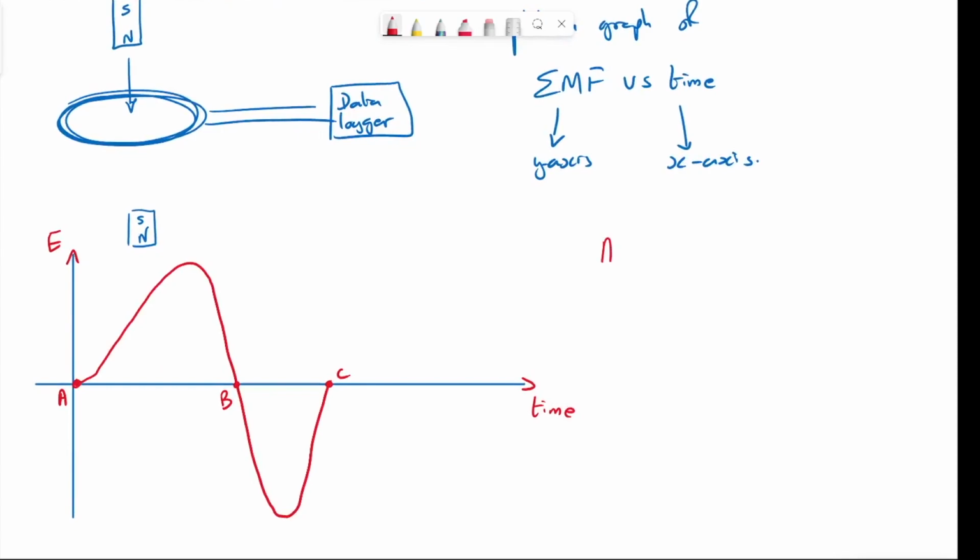Between points A and B, the magnet is entering the coil, and also the magnet, at all points through the coil, the magnet will be accelerating.